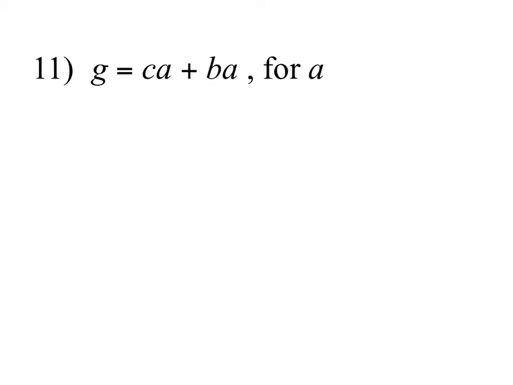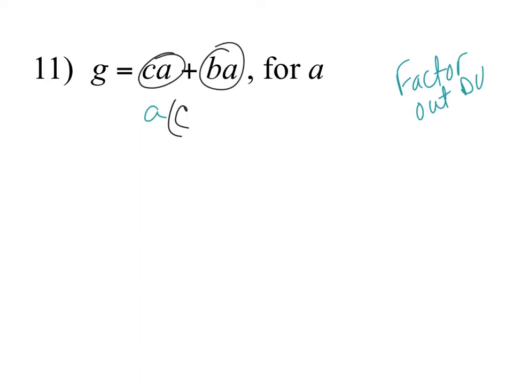So this is already set up perfectly for me to factor out the designated variable, because the designated variable is an A, so I'm going to factor that out of there. So if I factor the A out of the C, that's going to leave me a C, and if I factor it out of here, that's going to leave me with a B.